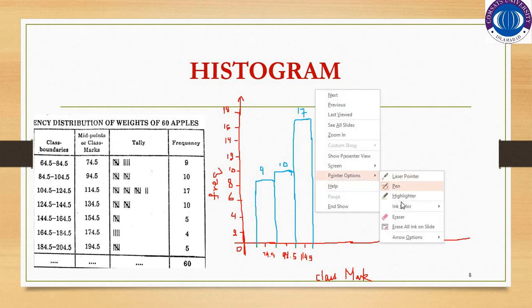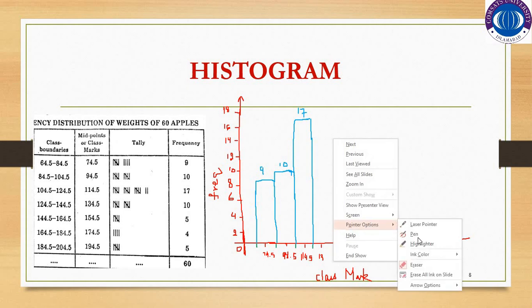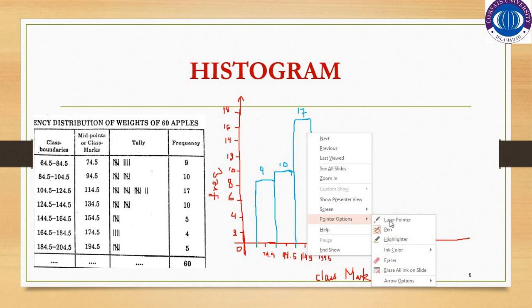So the class mark is 134.5, and it would be somewhere here, and the upper class boundary is 144.5.